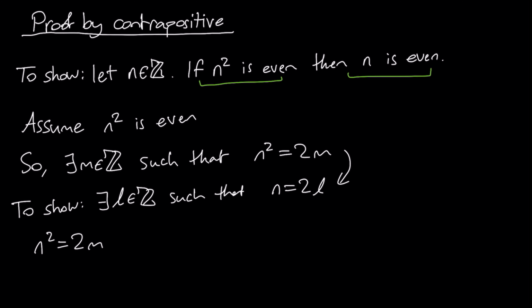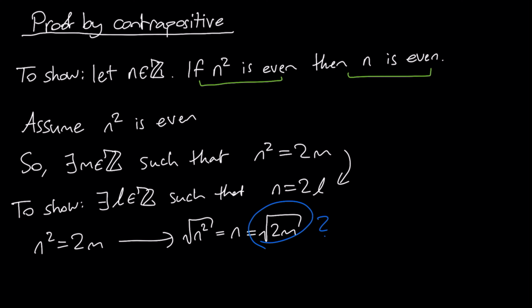If I take the square root of both sides, I end up with the square root of n squared, which is equal to n, is equal to the square root of 2m. And here, where do we go from there? It didn't give us what we wanted, like it did in the other direction where we had 2m, we squared it, we got 4m squared, and that's 2 times an integer.